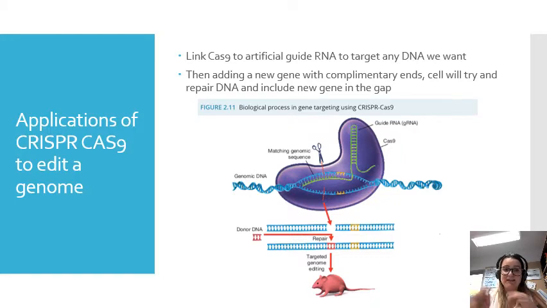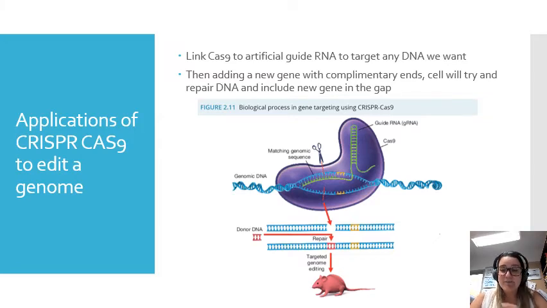Later on, we're going to learn a little bit about transgenic organisms and how we've edited genomes of organisms before. But this is really specific. We can insert a gene exactly in the genome where we want it to be, based on that new artificial guide RNA that we've decided its sequence to cut.